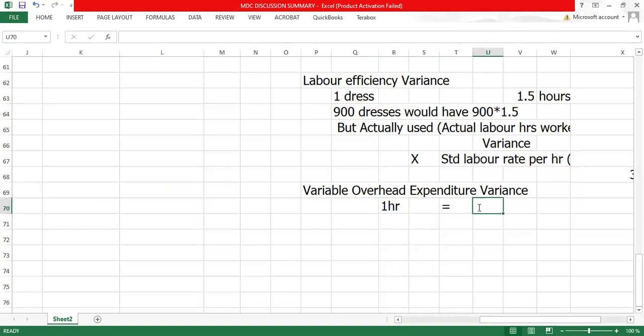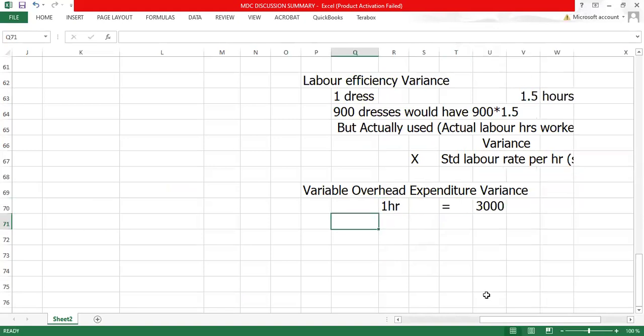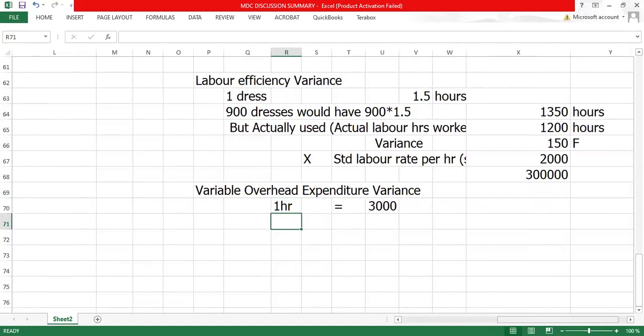So the question is, when you are looking at the variable overhead, don't look at the actual hours paid. Look at the actual hours worked.